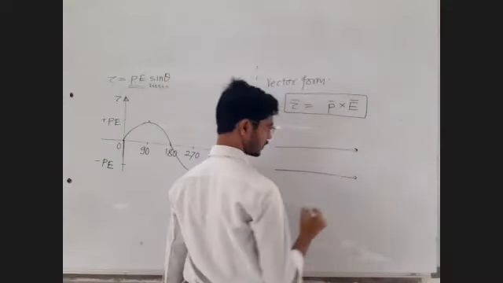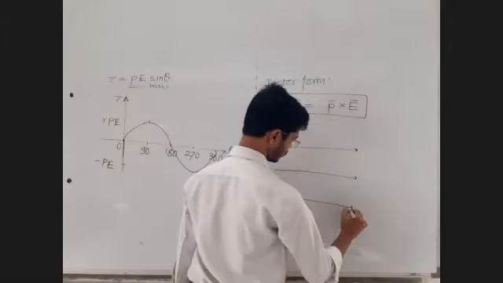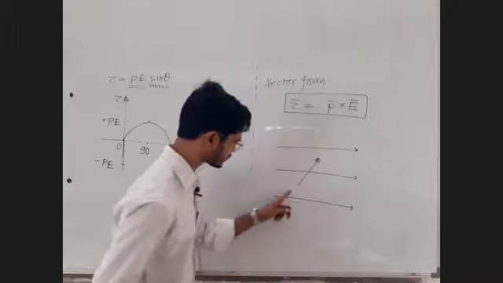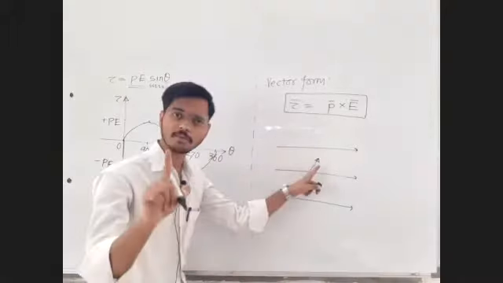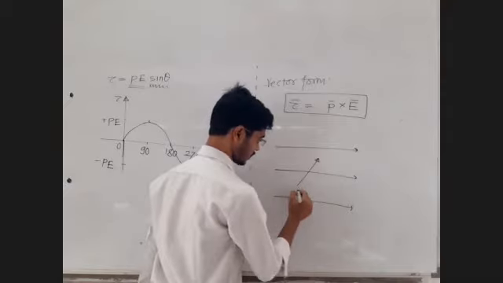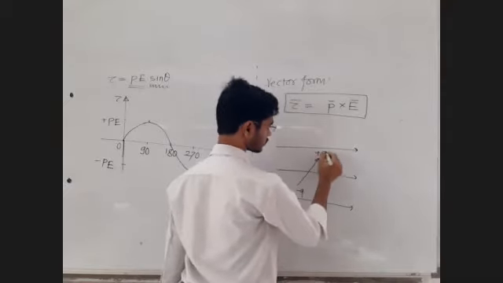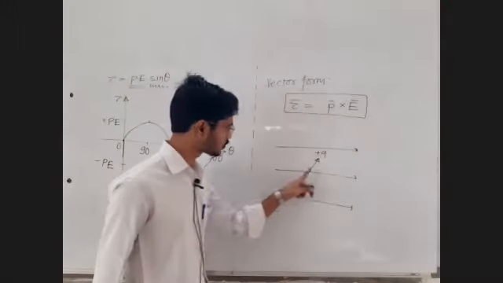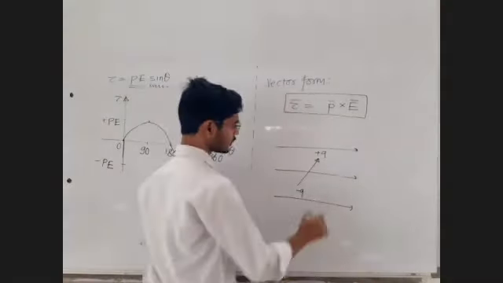Now you will tell me clockwise or anti-clockwise. When I draw an arrow like this, the arrow is always from negative to positive. It's a dipole moment. This arrow itself is enough to indicate that this is the negative pole and this is the positive pole.